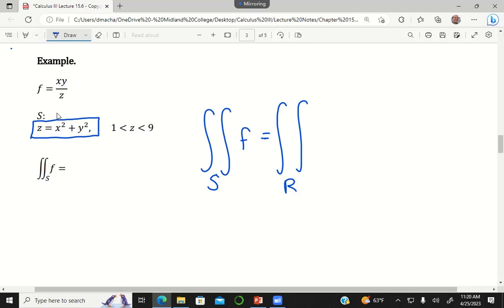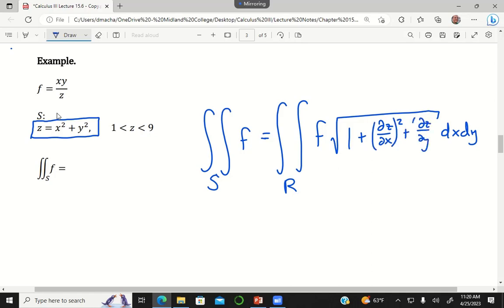So I can take the integral over, we'll call it dA, but it could be dx dy, just as an example. And then what goes on the inside for my integrand is my scalar field times what we just found a second ago. It'd be 1 plus the partial of z with respect to x squared plus the partial of z with respect to y squared.